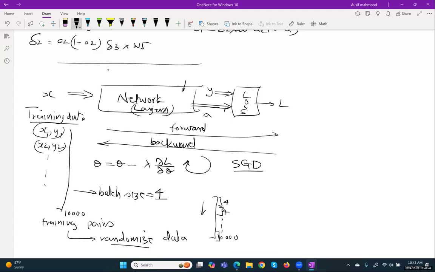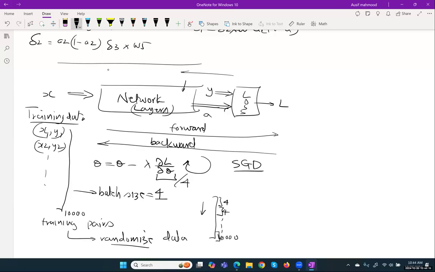So if we go through all these 10,000 training data, 4 at a time, feed it to our network, compute the loss, go back, now the gradients that we are computing are based on not just 1 item, but 4 items, because we were feeding 4. So when we update the weights, we'll divide by the batch size 4, so that it's taking the average of those 4 gradients and updating the weights and biases, right?